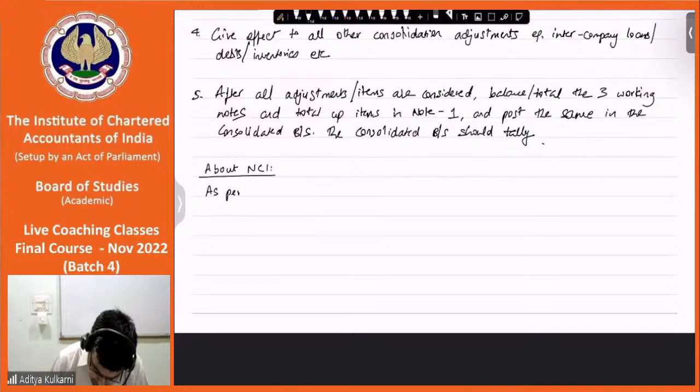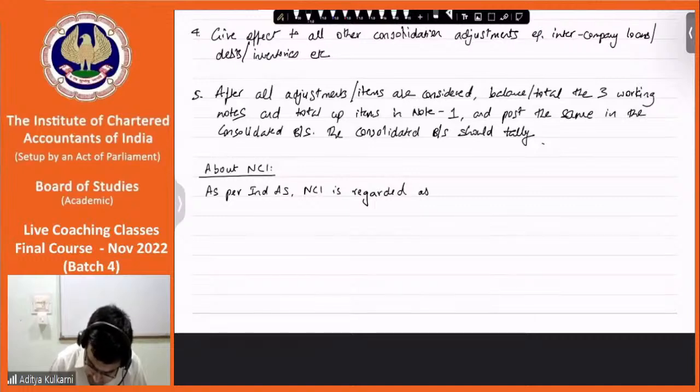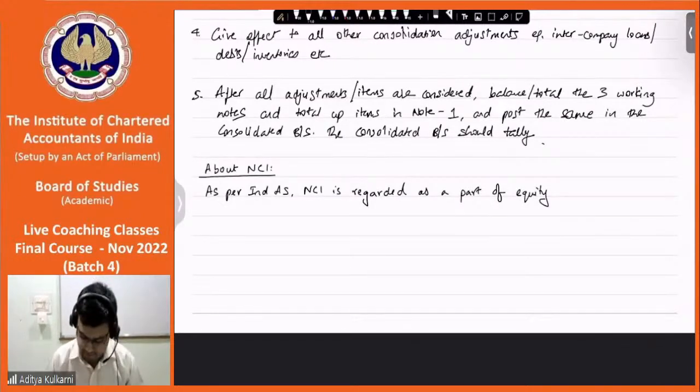As per Ind AS, NCI is regarded as a part of equity.